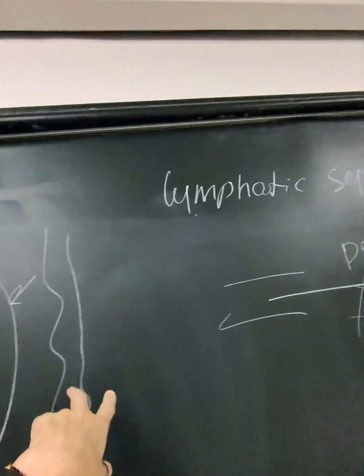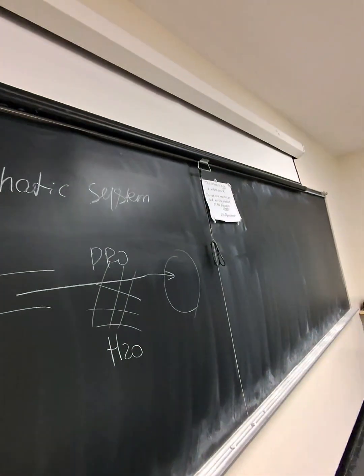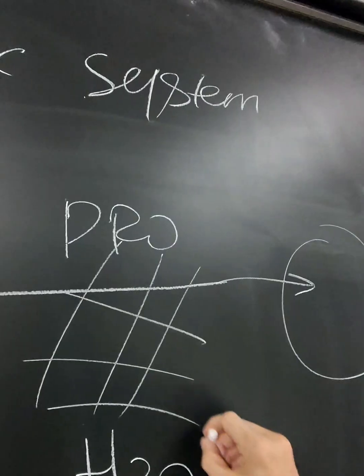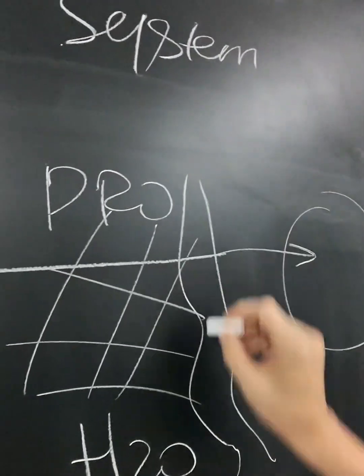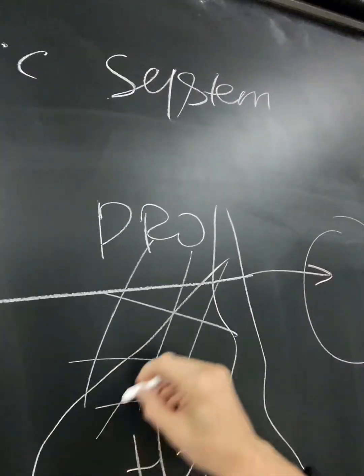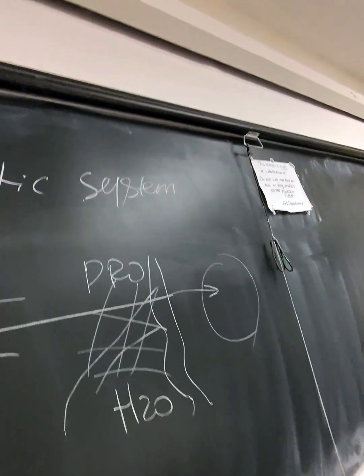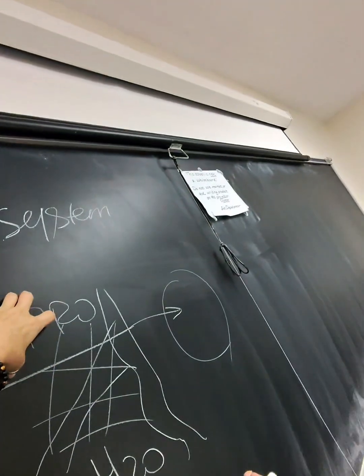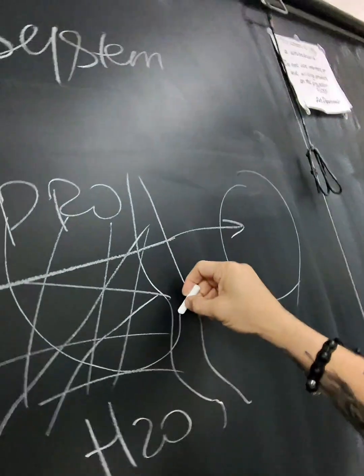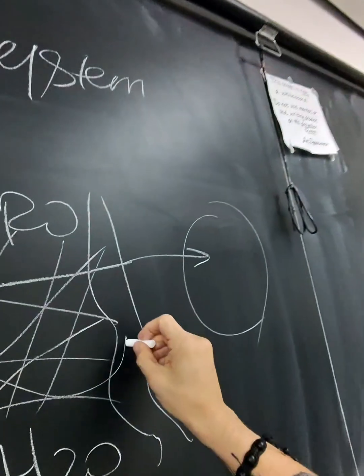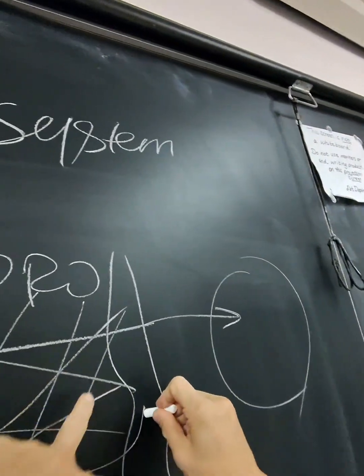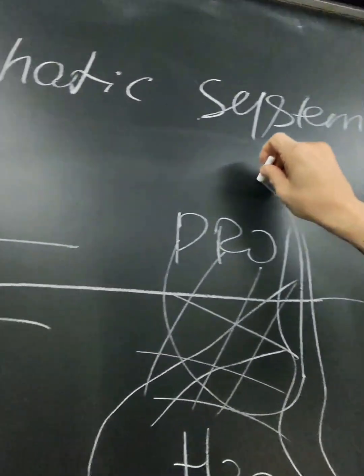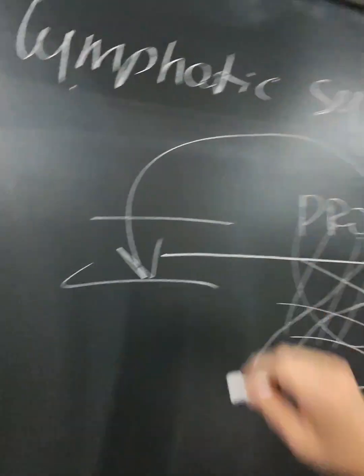So here comes the lymphatic system to the rescue. The lymph vessels, lymph capillaries, are basically running through the interstitial space and they're able to pull water and the lost chemicals into the lymphatic system and then eventually return them to the circulatory system.